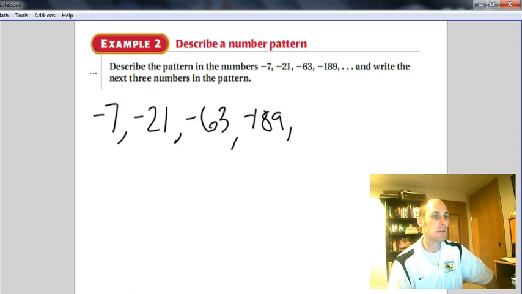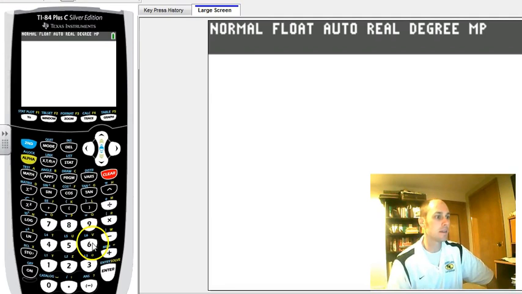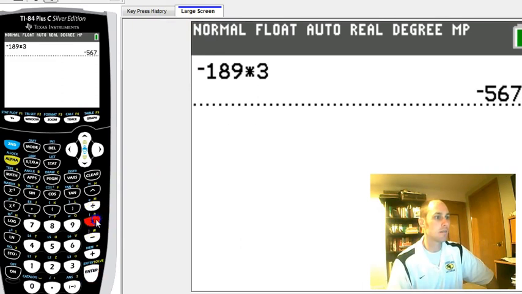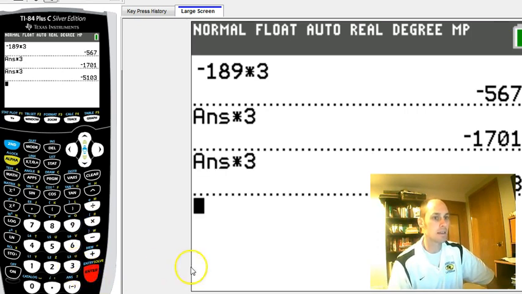So if we continue that pattern, we'll just multiply those values by 3. Take out my calculator. Negative 189 times 3 is negative 567. Multiply that one by 3. Negative 1701, and multiply by 3 again.